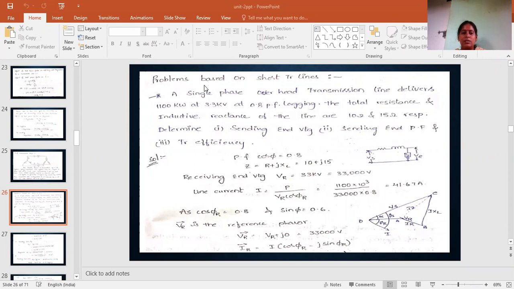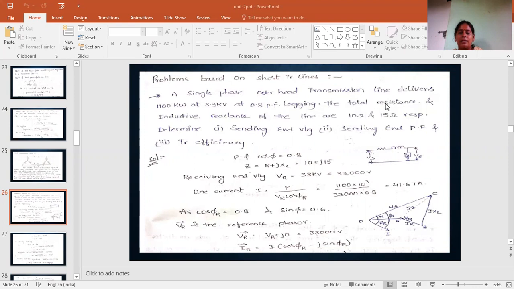Line delivers, so PR is the receiving end power, PR equal to 1100 kilowatts at 33 kV. So VR equal to 33 kV and PR equal to 1100 kilowatts. And the power factor is at the receiving end, so cos phi R equal to 0.8.